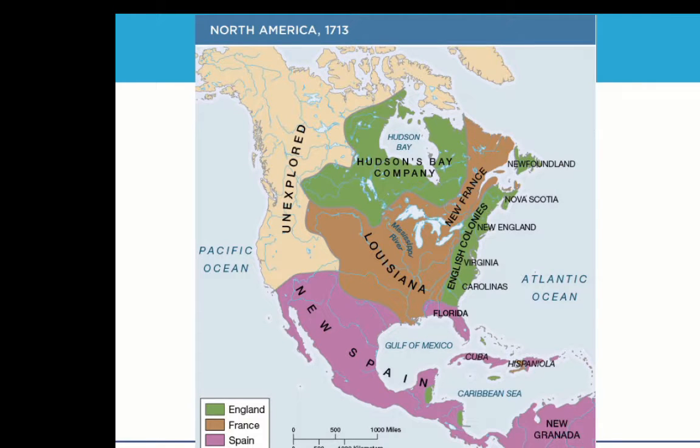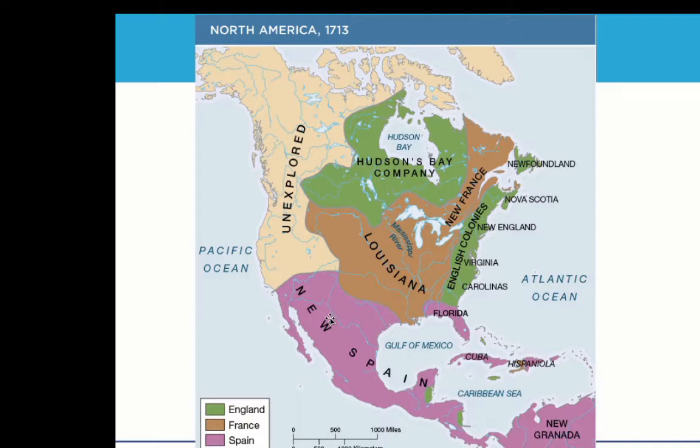The middle portion of the chapter deals extensively with the 7 Years' War between the French and England. And if you look here, this map shows in brown the French claims in North America, and in green the British, and then in purple New Spain.